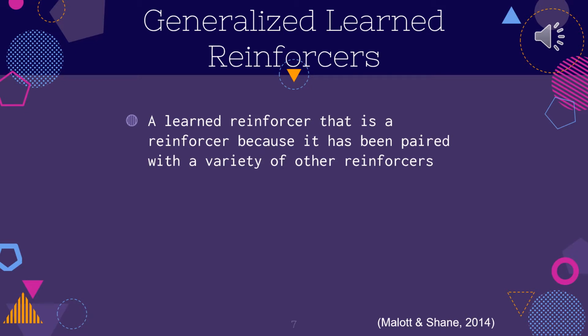These will function as reinforcers, meaning they'll increase the frequency of a response that they follow. A learned reinforcer, on the other hand, requires a pairing with those unlearned reinforcers. And now generalized learned reinforcers require pairing with a variety of either unlearned reinforcers, learned reinforcers, or both.